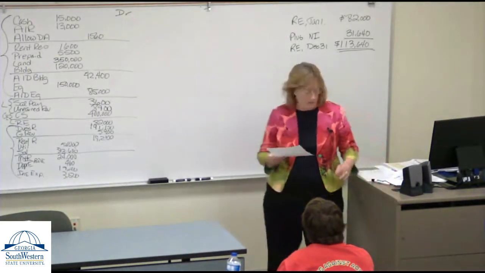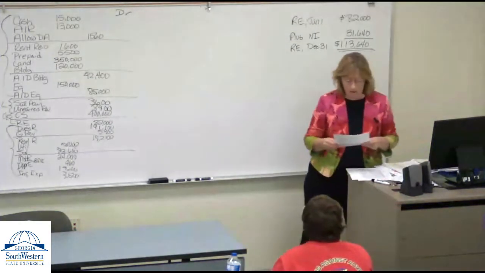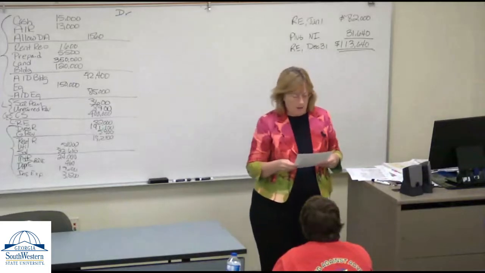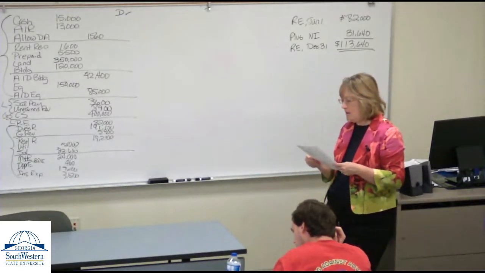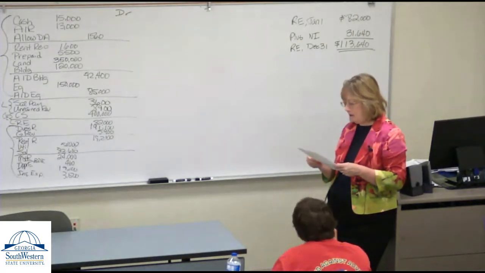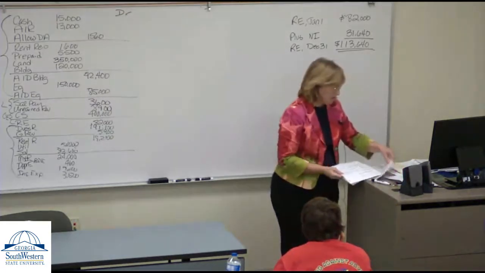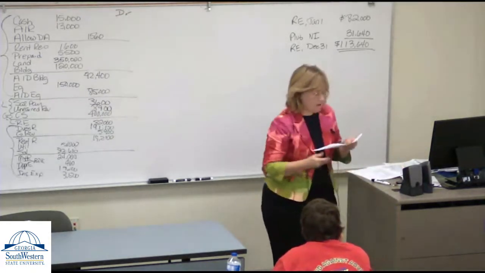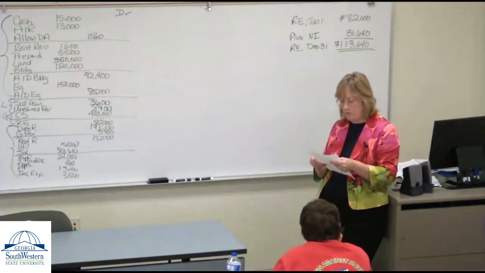Okay, so what they said on that 1,600. Which number is that? Rent revenue represents the amount billed. Oh, number 4? Rent revenue is for 11 months.